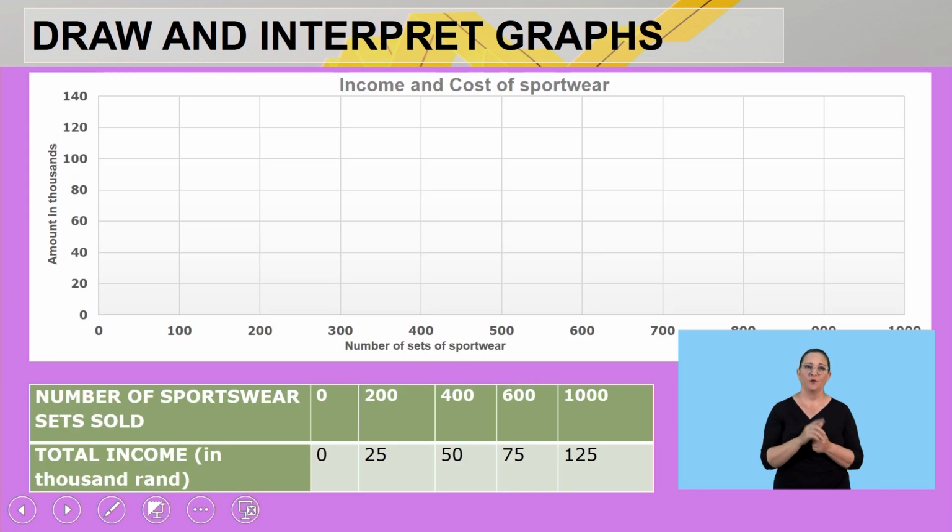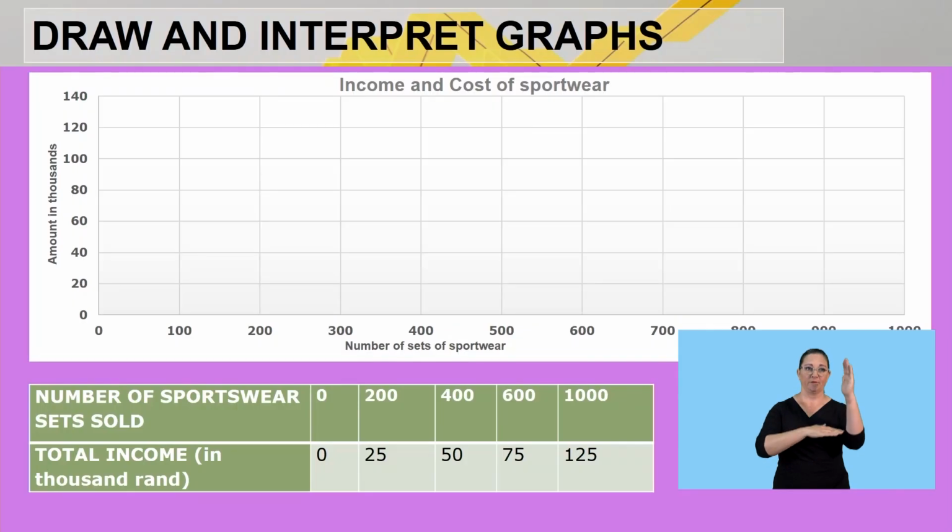Firstly, you will have to understand that a graph will have a heading, meaning it will indicate what it is that you are plotting or interpreting in the given context. It will also give you the independent and the dependent variables, meaning you will have your x values and your y values.